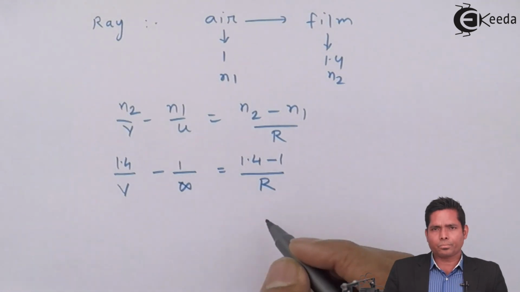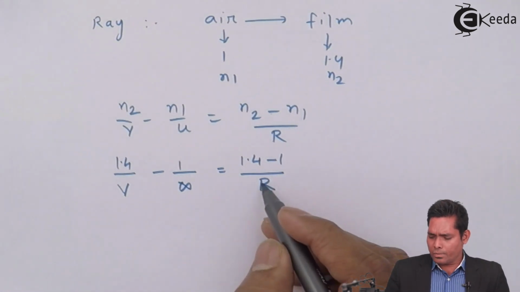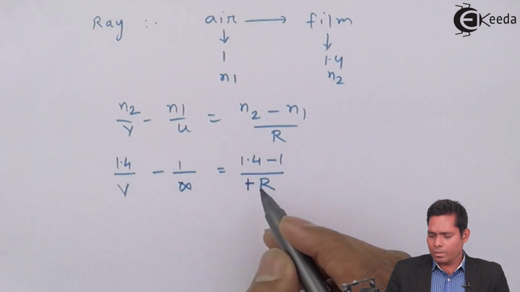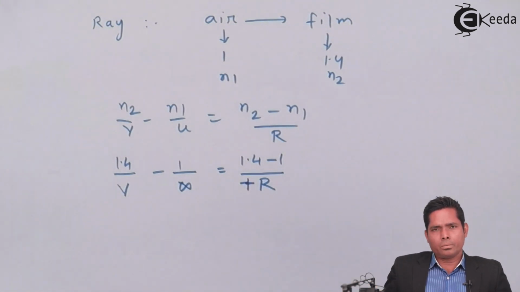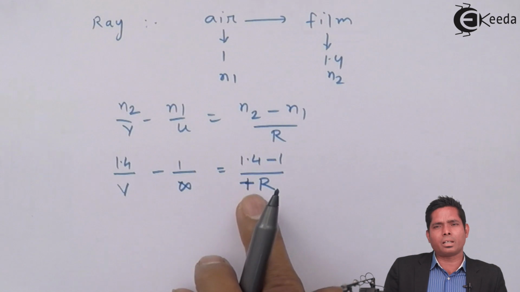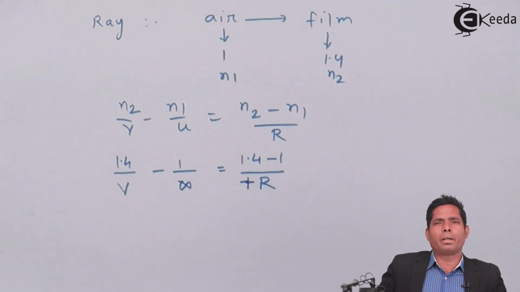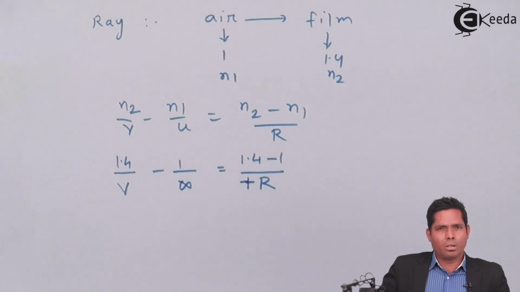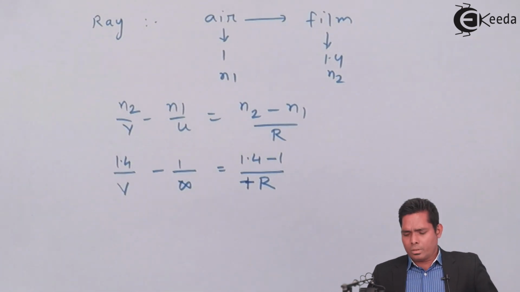Now this is positive, obviously you can write plus r to keep reminding yourself. This is the better way of writing things, because if you write plus r, it will keep reminding you about the sign convention to be used in this formula.